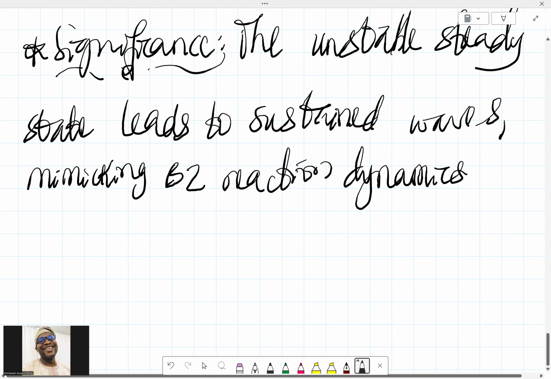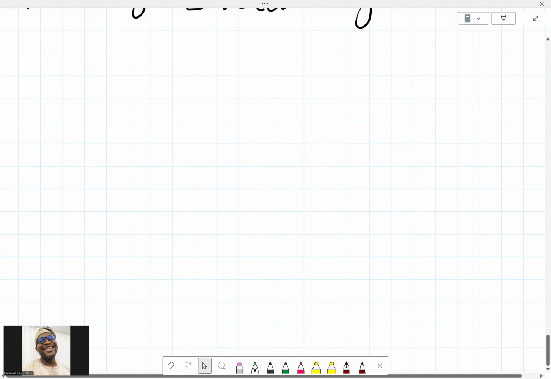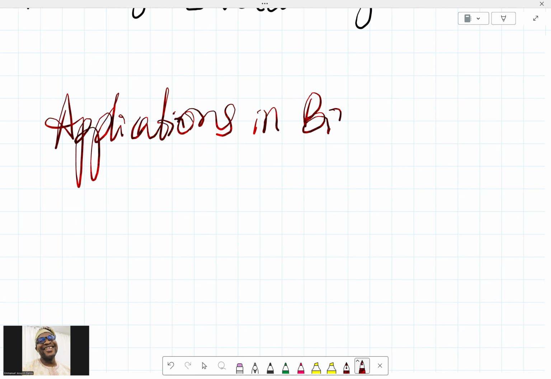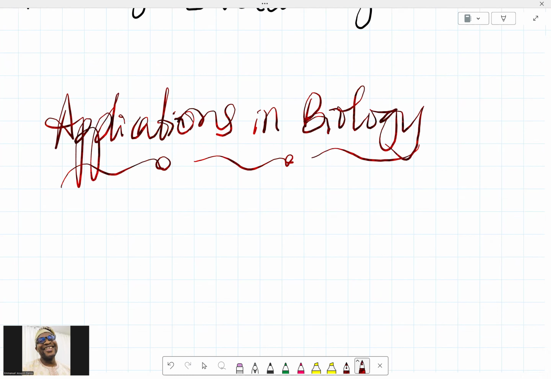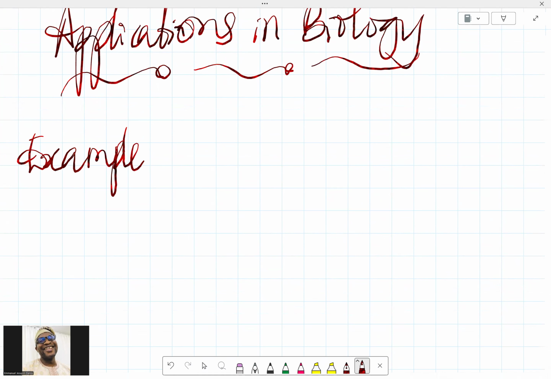At this point, let's switch over to this now, and then it can go with green. Let's talk about applications in biology. That takes us to example 2, following the BZ reaction.